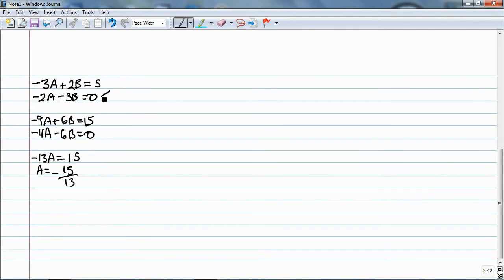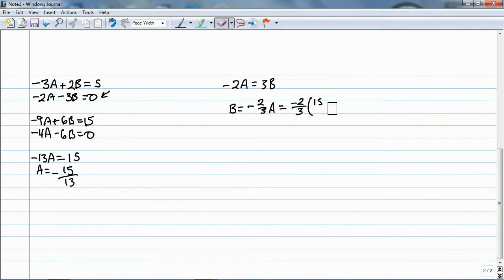And now I can solve for B, and I can use any one of these four equations to do it. I'm going to use this second equation, and I'm going to solve for B. So I'm going to have minus 2A is equal to 3B, and so B is going to equal negative 2/3 A, and negative 2/3 times negative 15 thirteenths.